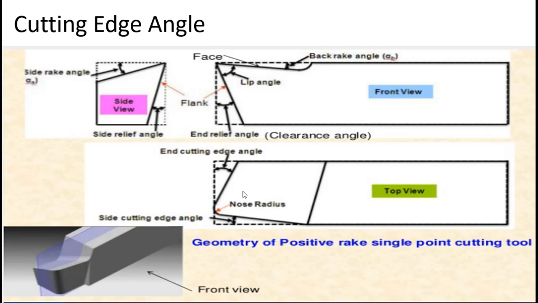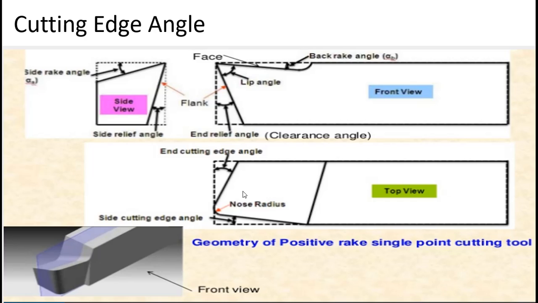This angle generally varies from 0 to 90 degrees. A larger side cutting edge angle will have more of its length in action for a given depth of cut, and the edge lasts longer.